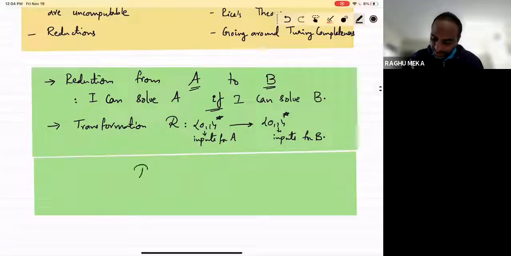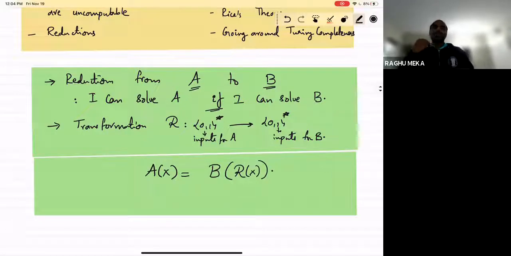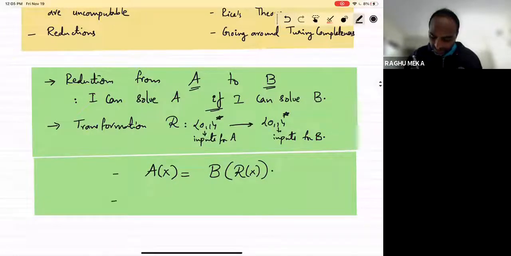And the main thing that we need to satisfy is on any input to A, solving the problem A on a specific input X can be reduced to solving the problem B on the transformed input by R. Okay, this is the main property, and we need R to be computable.